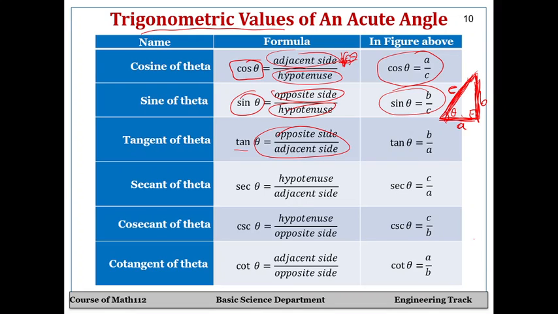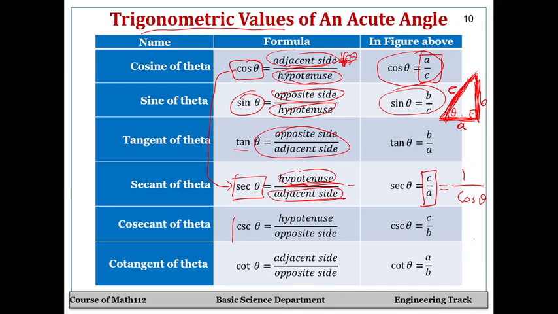And secant theta is hypotenuse divided by adjacent. But you can think of this one here. Look at here. They seem to be connected because hypotenuse, adjacent, adjacent, hypotenuse. So C over A, this is A over C, you can write this is indeed 1 over A over C, which is cosine theta.